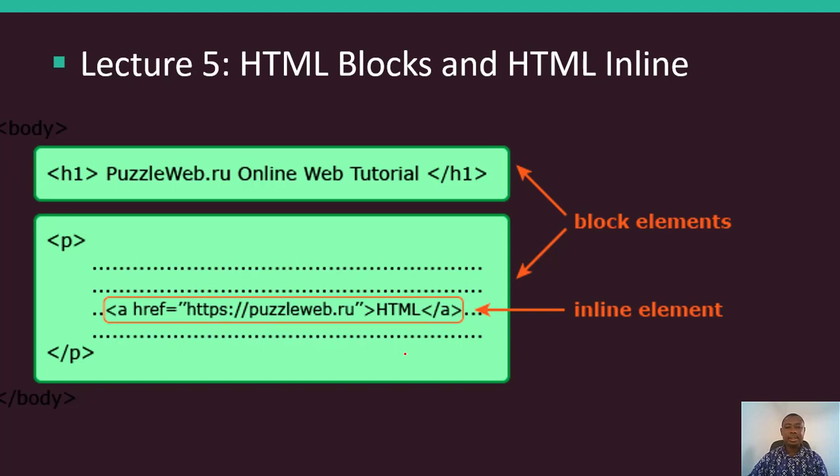So we can see here that we have an example of a block element. Heading 1 is a block element because of its full width. And then the P, paragraph, is also a block element because it occupies the full width of the page.